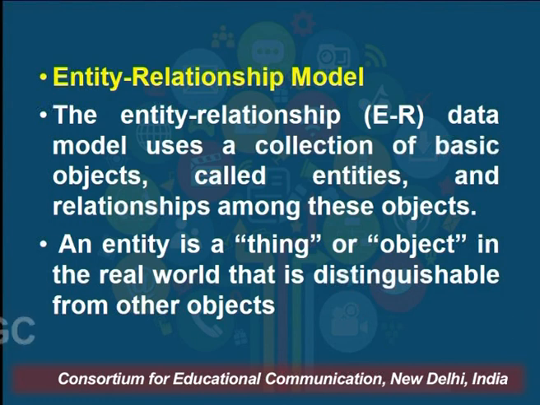For example, let us say instructor is an entity, and department is also an entity, and there are attributes about these entities through which these objects in the real world are distinguishable from other objects.